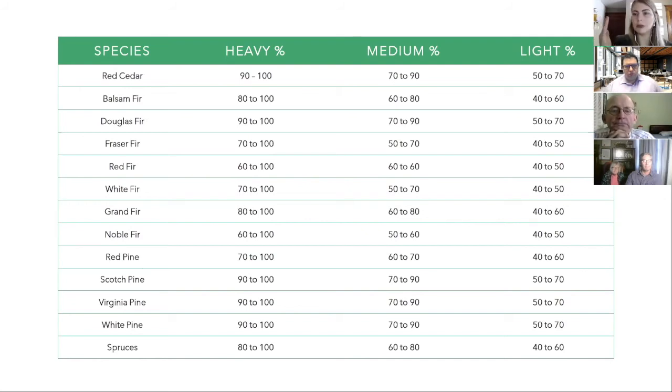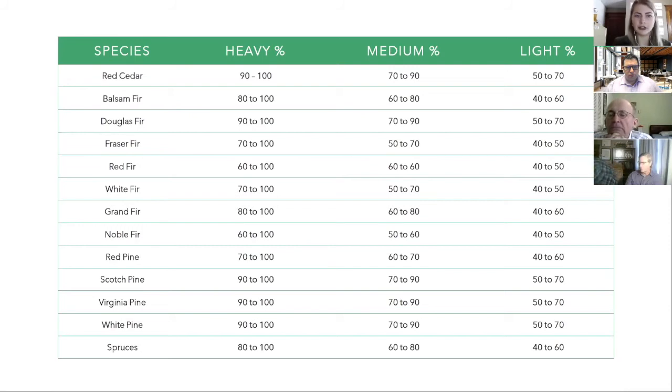You can see up to 20% of the stem. The rest of it is covered up with foliage and branching. But for a cedar, a heavy density would have to be at least 90% covered. So you can only see 10% of that stem peeking through. It's relative to the species characteristics. That table in particular is from the United States Department of Agriculture standard for Christmas tree grading.